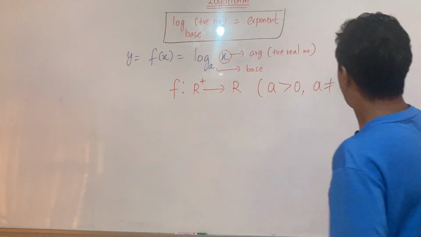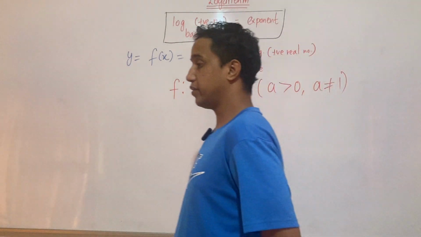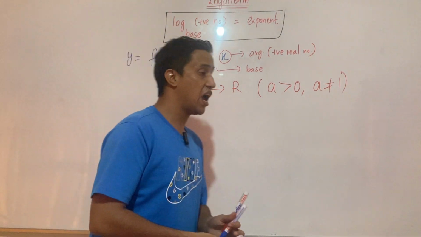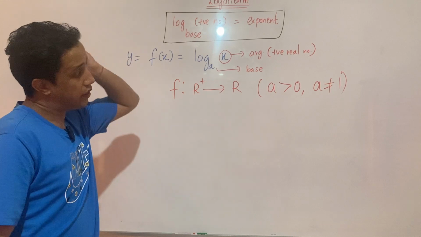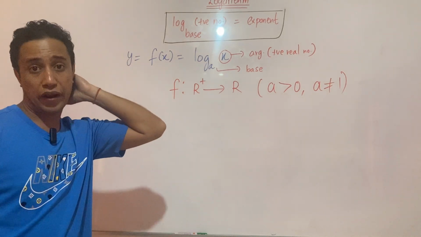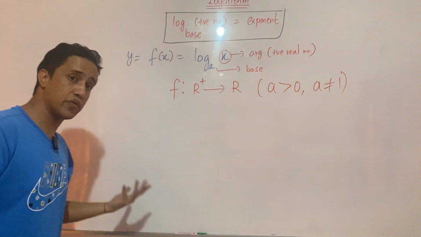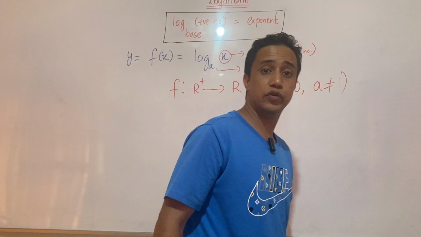Okay, now what would happen if we put our base negative or equal to 1? What would happen? Because we just want to know how things go wrong if we don't follow these conditions.